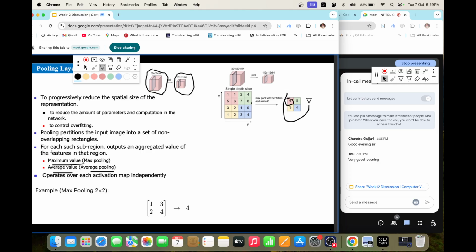By that you are doing the pooling operation. An example is also given here: maximum pooling of 1, 3, 2, 4 is 4. So pooling is nothing but reducing the spatial size of the activation map that we got from the convolution layer or convolution operation.